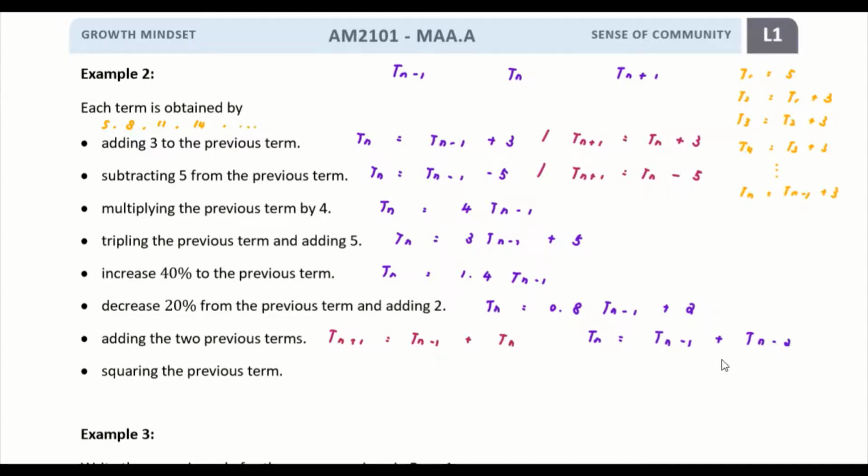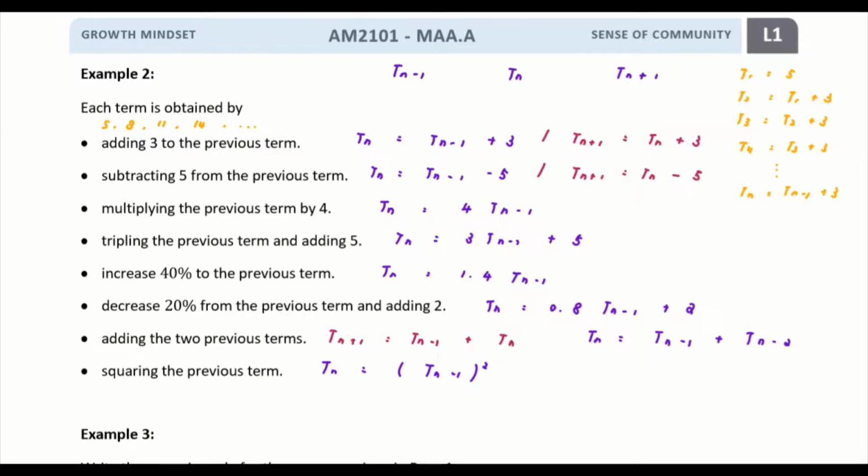For example, if this is 50, then this is going to be T49 and T48. So 48 is just two places before 50, that's why 50 minus 2. Okay, then the last one, squaring the previous term. I think this is not hard. For us to find Tn, we need to use the previous term and square it. Okay, so that's the idea.